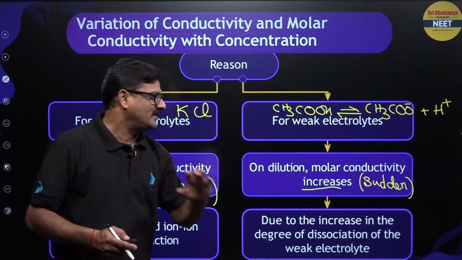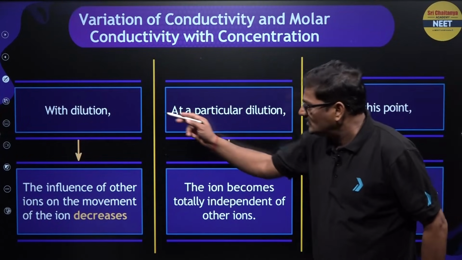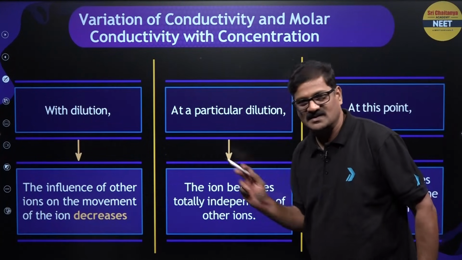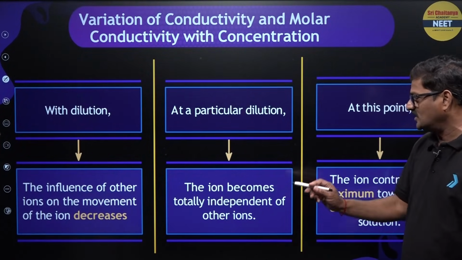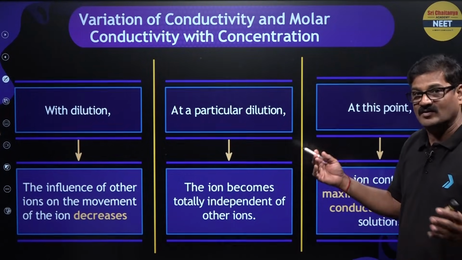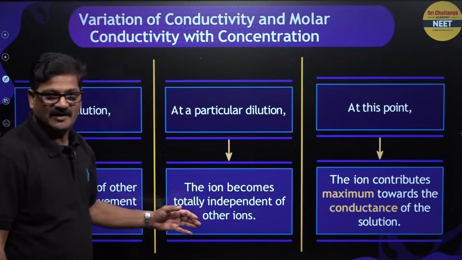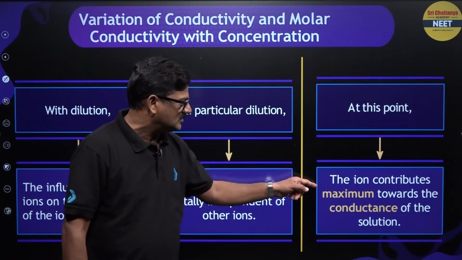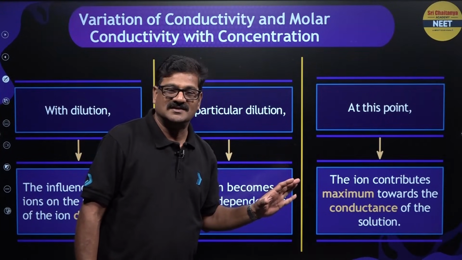So when you see a graph here, I will show you, with the dilution the influence of other ions on the movement decreases. At a particular dilution the ion becomes totally independent of other ions. That is what is given by Kohlrausch law of independent ionic migration. And at this point the ion contributes maximum towards the conductance of the electrolyte.